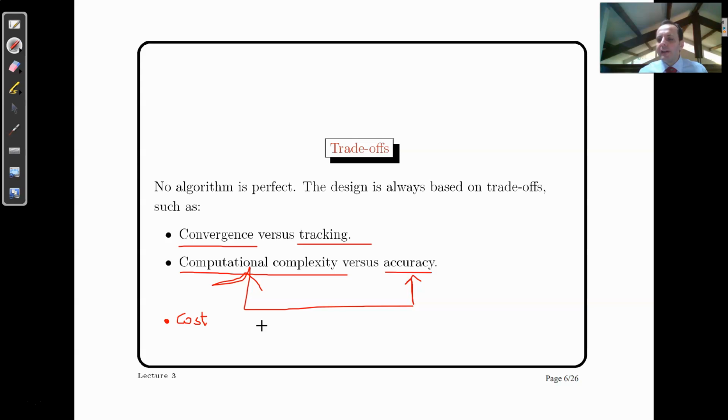How many dollars does your solution cost? It can depend on the hardware that you are using or the time that is needed to design your solution.